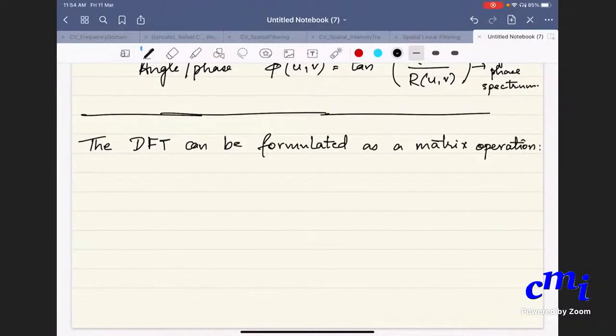I'll write the general one and then we can look at the example that we did above.